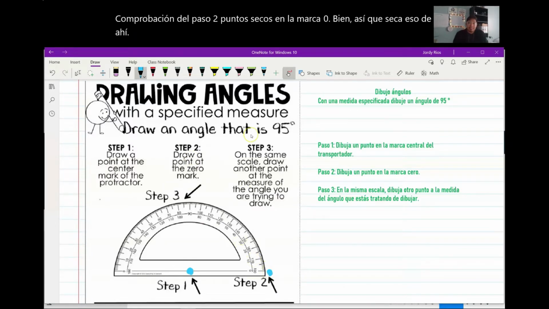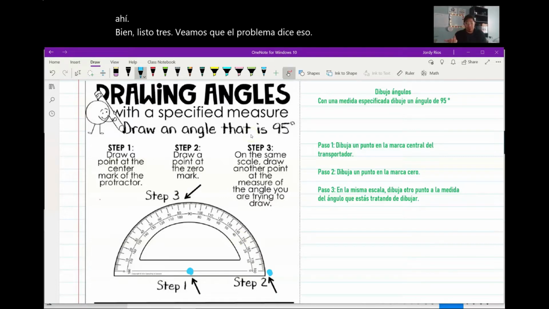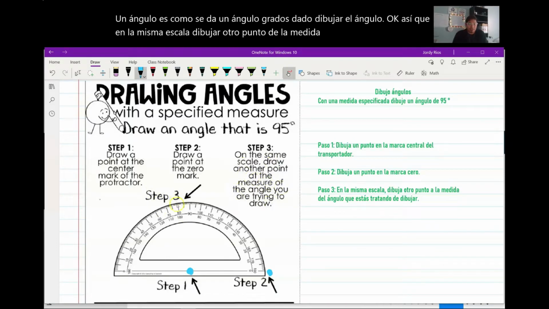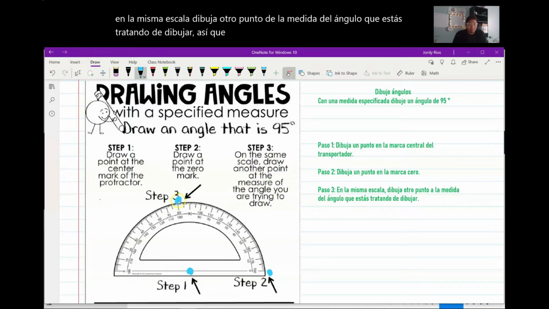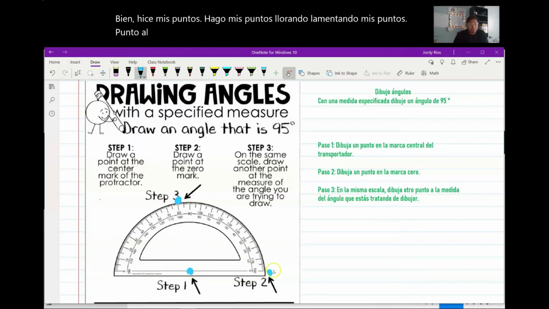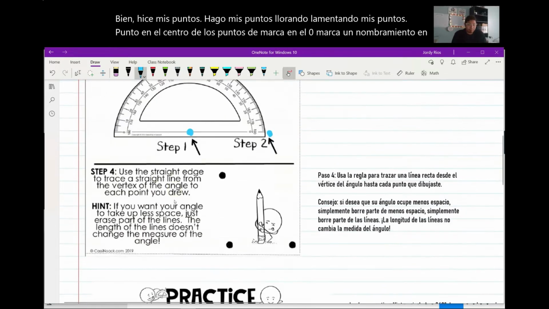Step 3, let's say the problem says that an angle degree is given. Draw the angle. So on the same scale, draw another point of the measure of the angle you are trying to draw. So let's say right here. I did my points: a point at the center of the mark, a point at the 0 mark, and then a point at the degree that they're giving me.